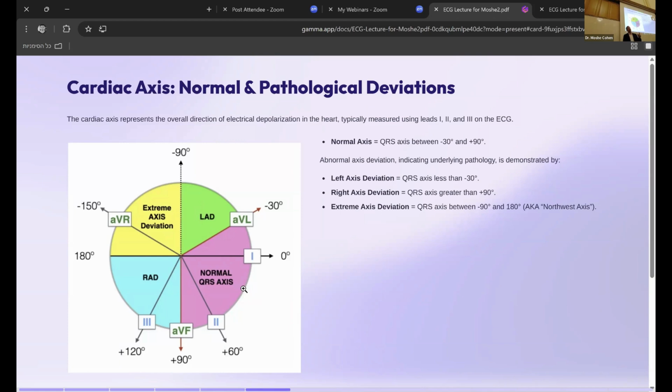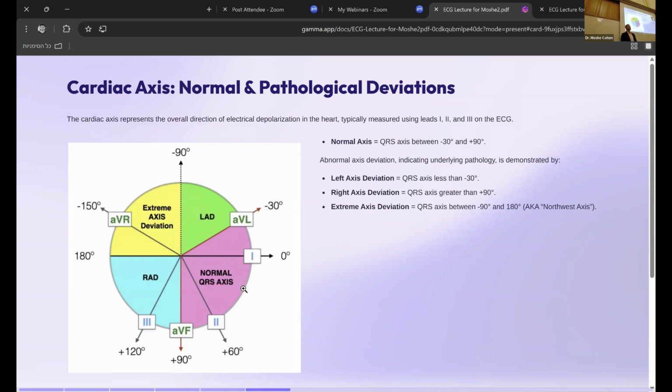When the cardiac wall is becoming thicker, this is very, very important, because when you have right axis deviation with additional criteria, you can diagnose right ventricular hypertrophy. And when we have left axis deviation, you can diagnose left ventricular hypertrophy. Why would we have right or left ventricular hypertrophy? Why would the heart become thicker?